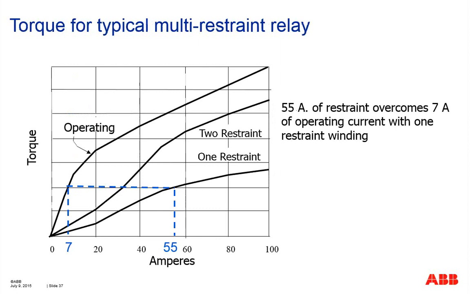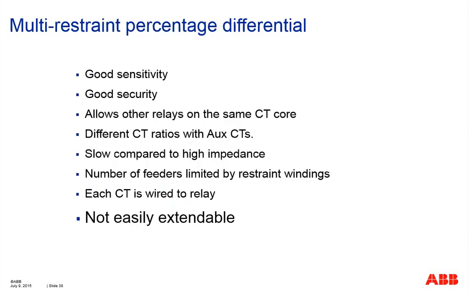With conventional electromechanical relays, how many feeders you can protect in the busbar zone with this multi-restraint type of relay is really restricted by the number of restraint windings. And each CT is directly wired to the relay, so the restraint winding is not easily extended.